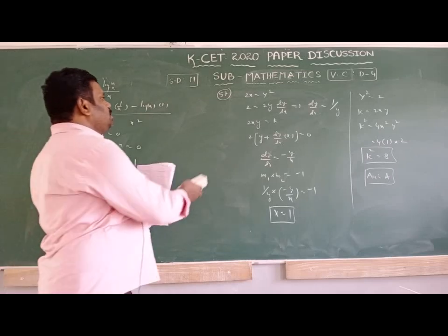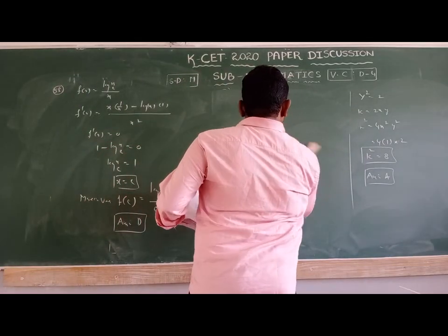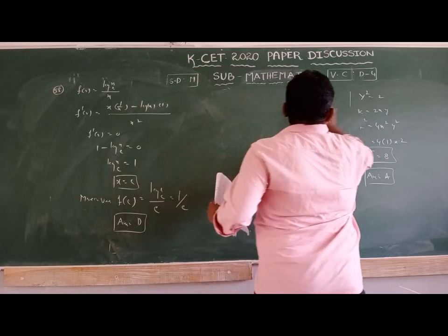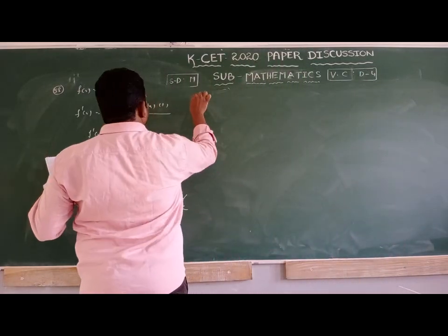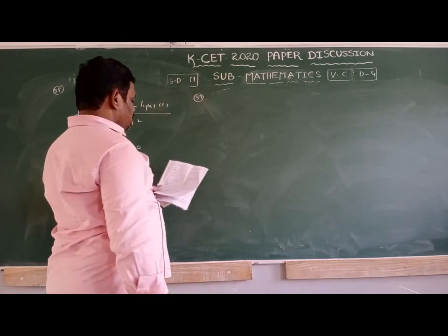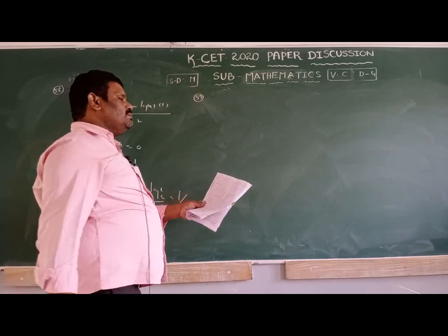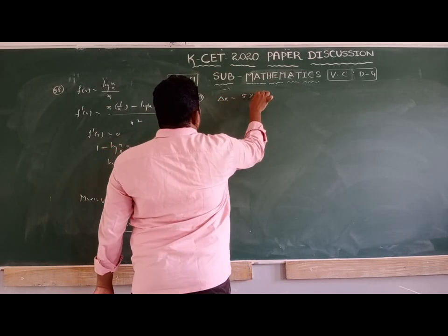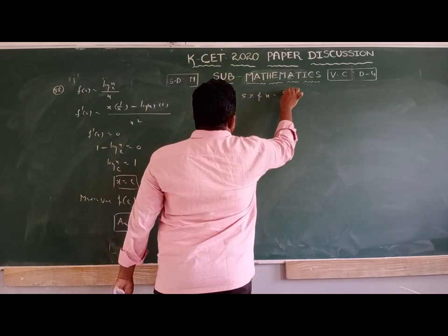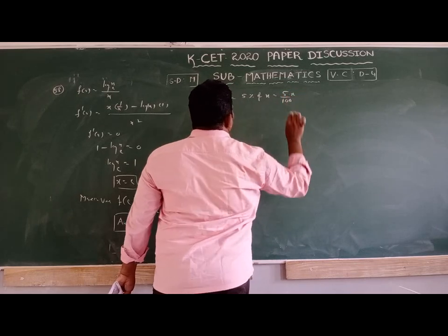Next, 59th bit. What is given here, ma? If the side of a cube is increased by 5%, consider the side as x, so delta x is equal to 5% of x, means 5x by 100.